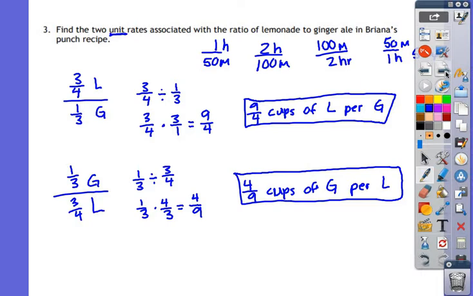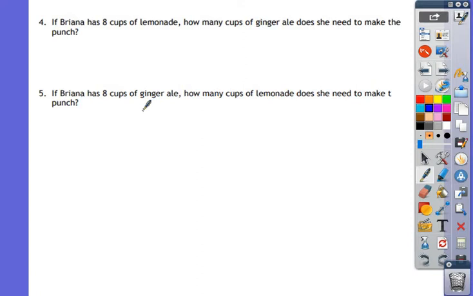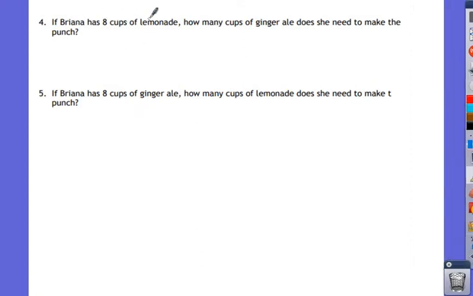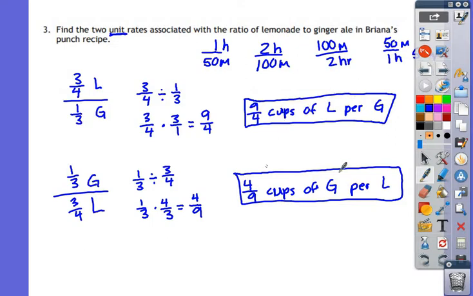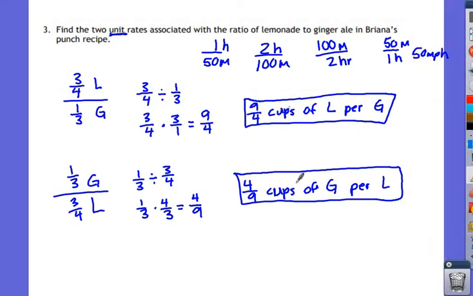Alright. Looking at problem 4 and 5, it uses this information. So, problem 4 says, if Brianna has 8 cups of lemonade, how many cups of ginger ale does she need to make the punch? Well, I need to use one of these unit rates.